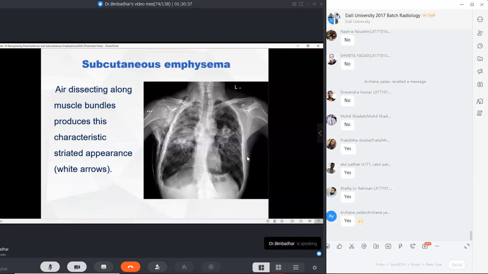This one is the pectoralis major, teres major, and teres minor muscle that has been affected, with the air escaped below. All the air present under the muscle will now show the shape of the muscle as a fan. That is happening because of subcutaneous emphysema.